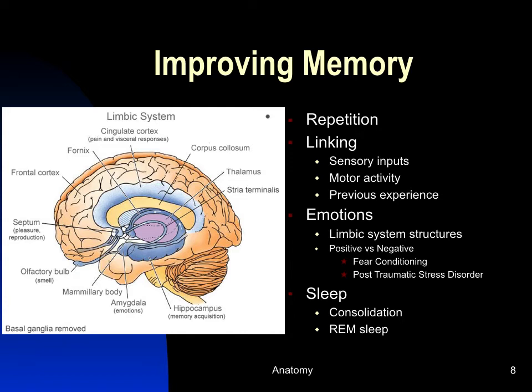Also, things that are linked to limbic structures that generate emotion are easier to store as long term memories. And so people remember their first kiss or their first taste of ice cream or creme brulee or something like that.